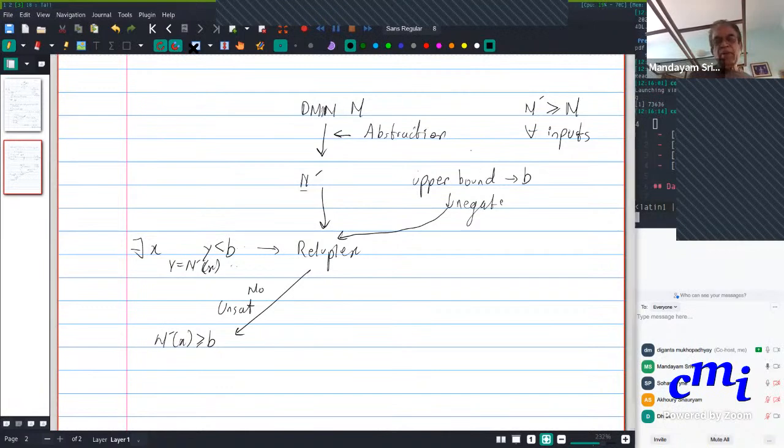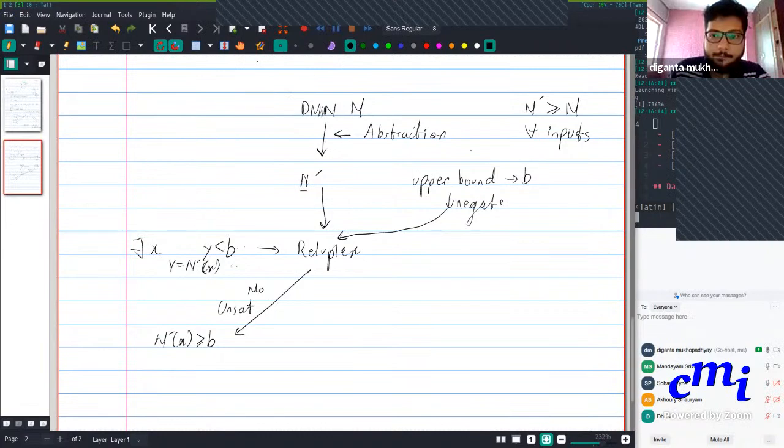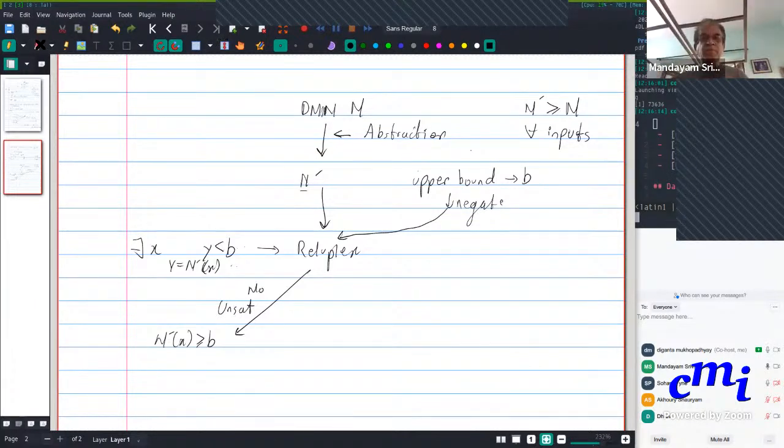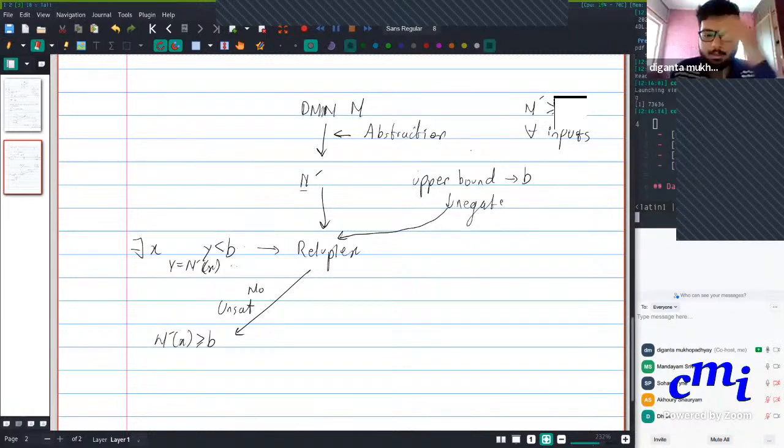N prime is greater than N. And N prime is also greater than or equal to B. But then how do you conclude from that N will be greater than or equal to B? You have to be careful. I don't know why I'm confusing myself.